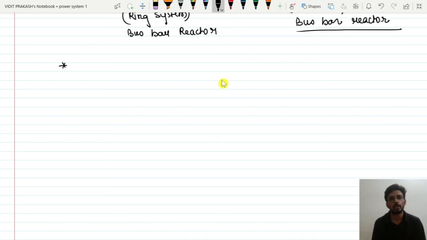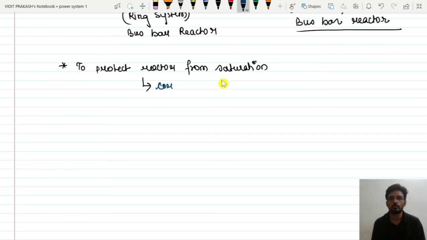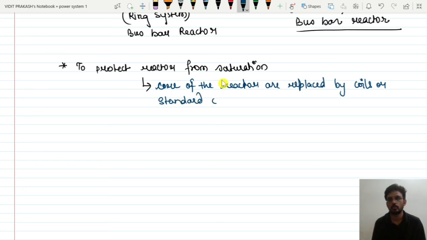Now, to protect the reactor from saturation, the core of the reactor is replaced by coils or standard copper bars.